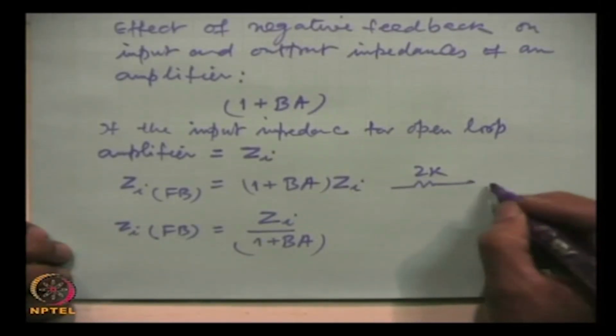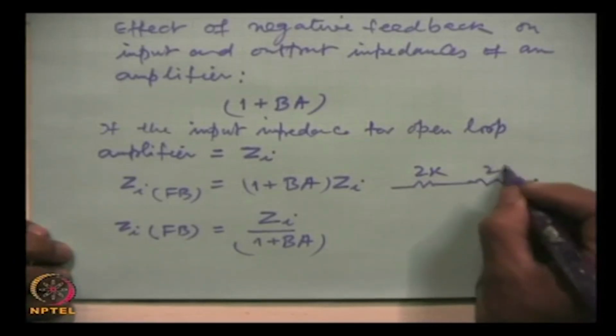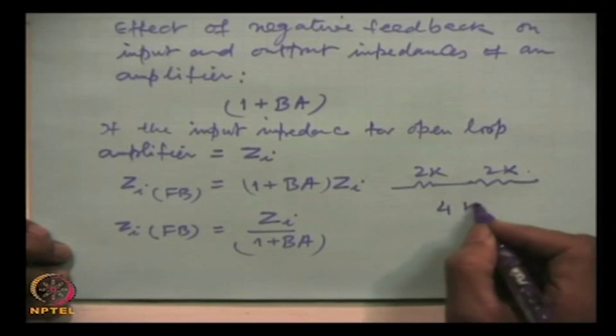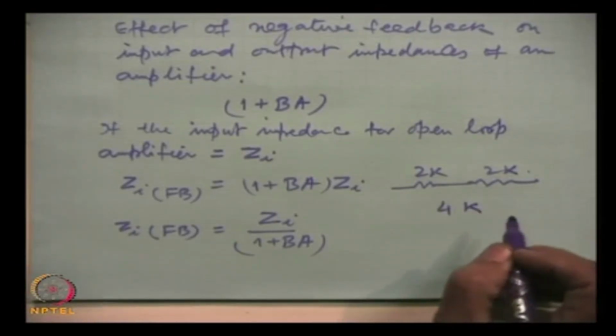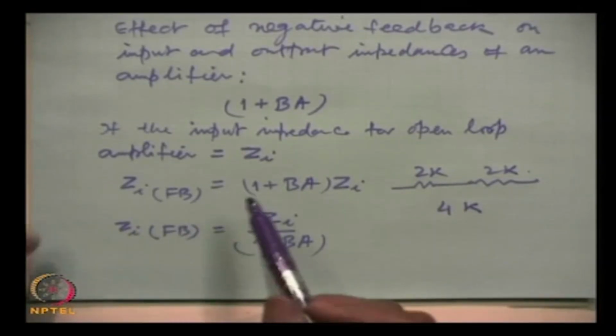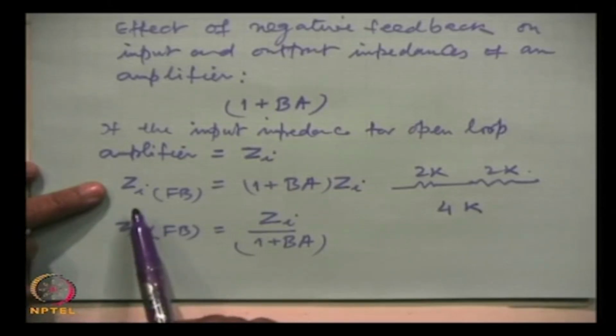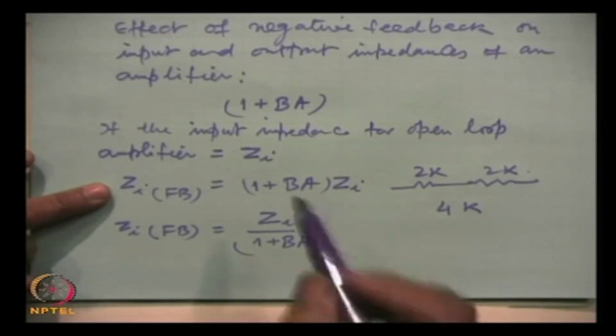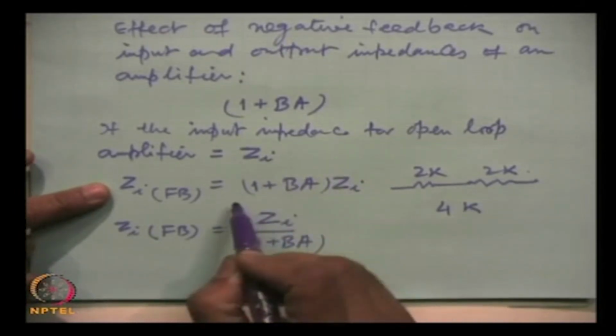If they are connected in series, 2 k and 2 k, the effective resistance is 4 k, that increases. So remember, if we are talking of input impedance, if the connection is a series connection at the input, then input impedance will increase.